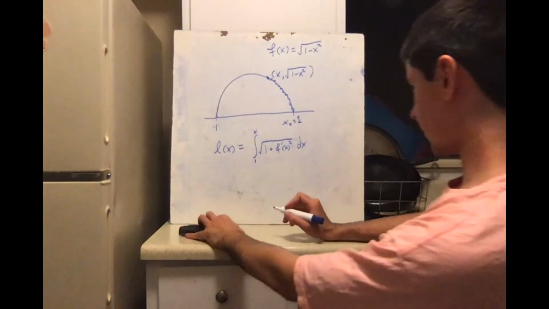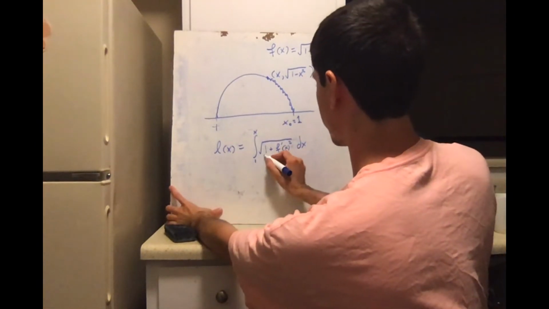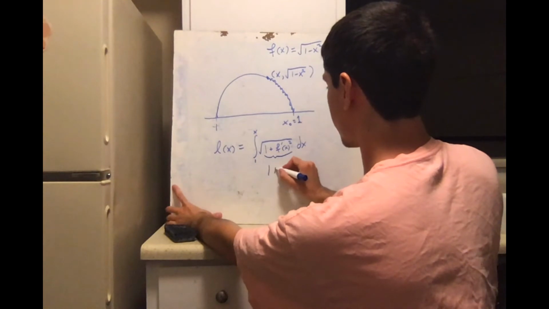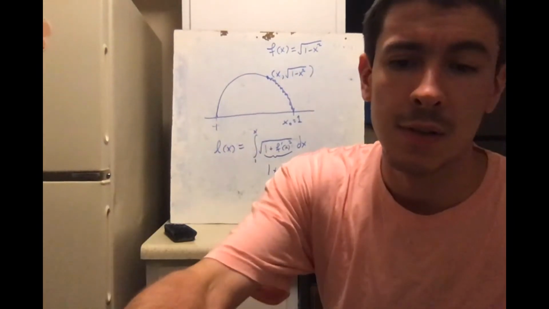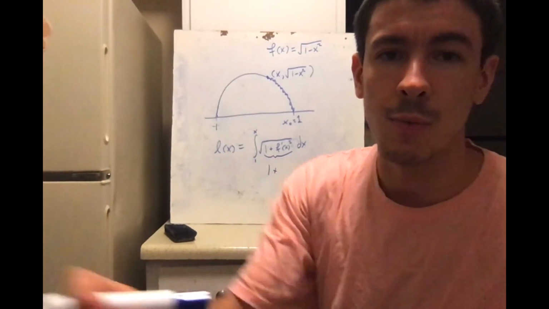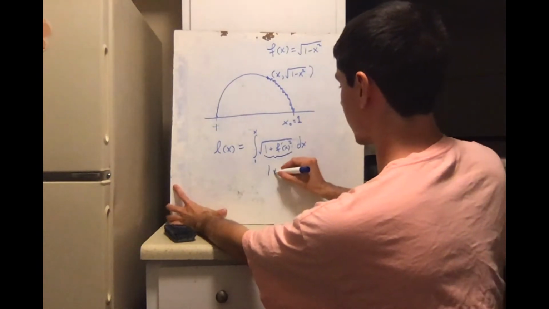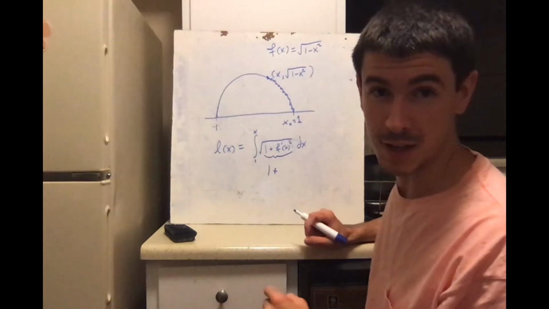But then this expression right here is 1 plus, you can take the derivative of the square root of 1 minus x squared, and if I'm going too fast with saying what the derivative is, you can pause and check it for yourself.